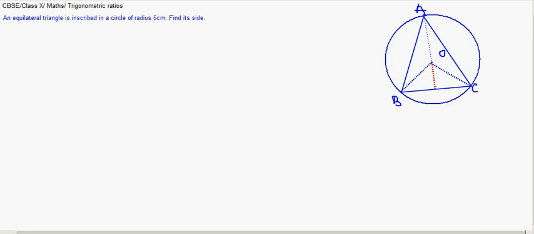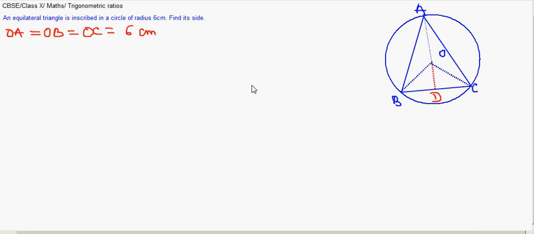And this will be D. It says the radius is 6 centimeters. So our OA equals OB equals OC. They're all 6 centimeters.